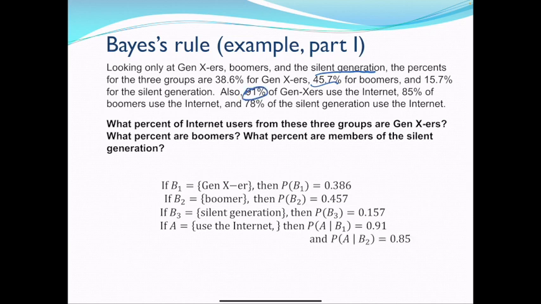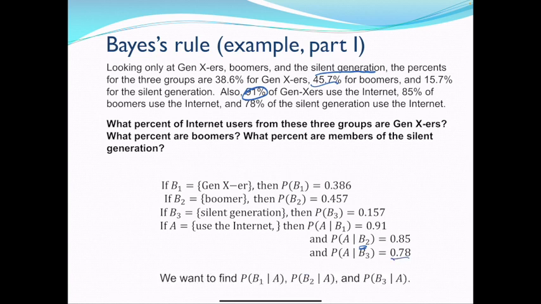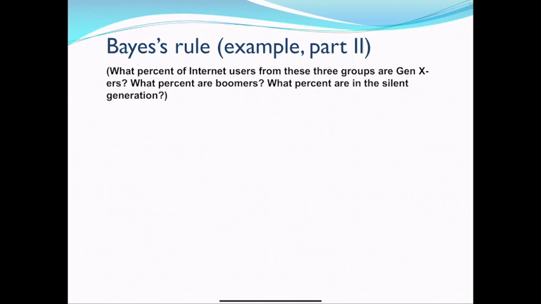The probability you use the internet given you are a boomer is 85%, and given that you're part of the silent generation is 78%. But I want to find the probability, given that you use the internet, that you're a Gen Xer, a boomer, or in the silent generation. So, what percent of internet users from these three groups are Gen Xers, what percent are boomers, what percent are in the silent generation is the point.